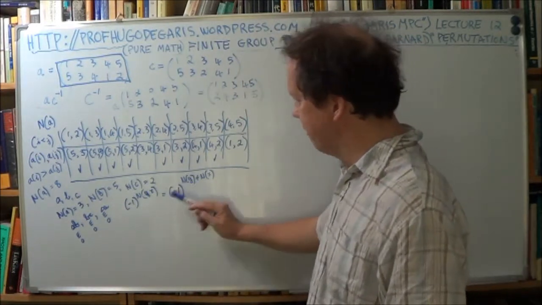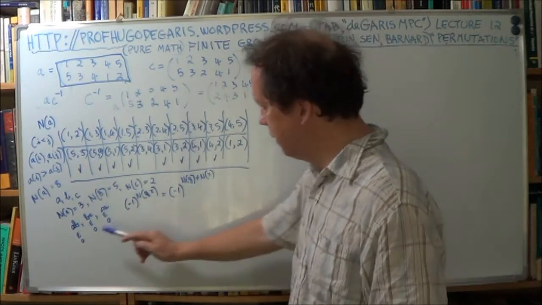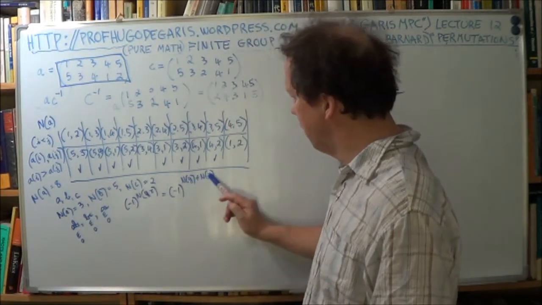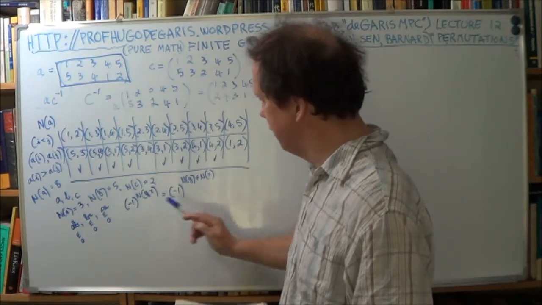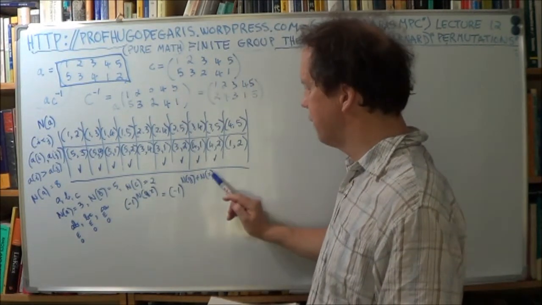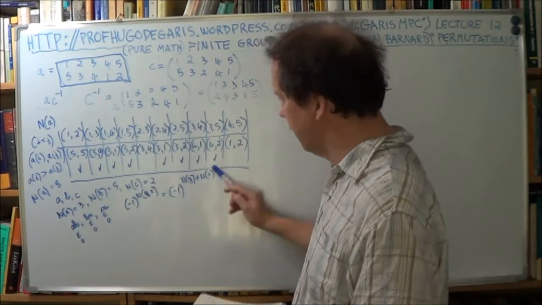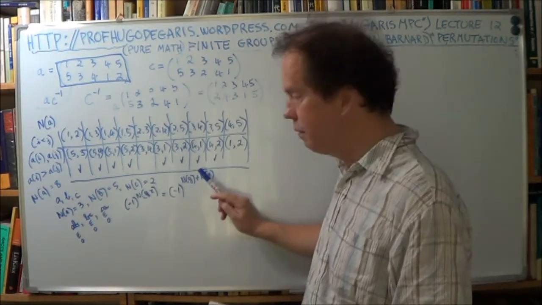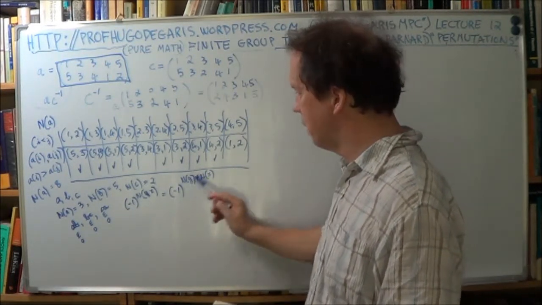Now we know n of A, it is 3, and we know n of B, it is 5. So 3 plus 5 is 8. That's even, right? So this right-hand side is plus 1. So minus 1 to an even power is positive.